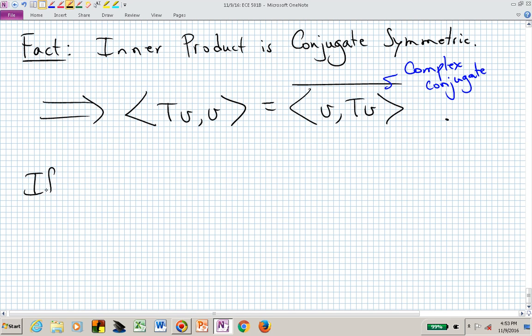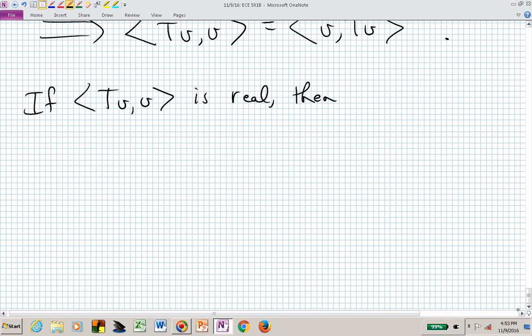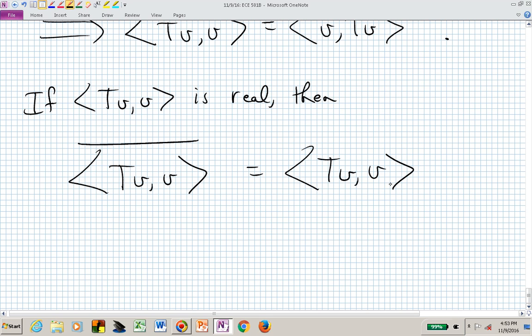So now in our note, if this scalar resulting from the inner product is real, then we can make the following statement. We can say that the conjugate of <TV, V>, if <TV, V> is real, what's the conjugate of <TV, V>? Exactly the same inner product.